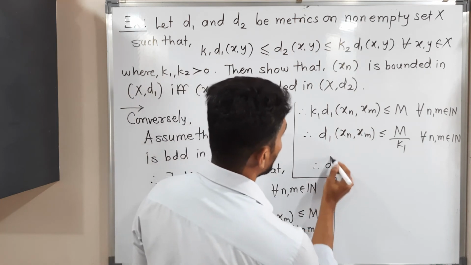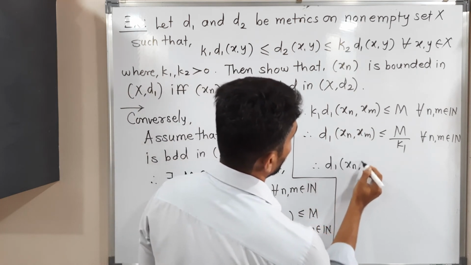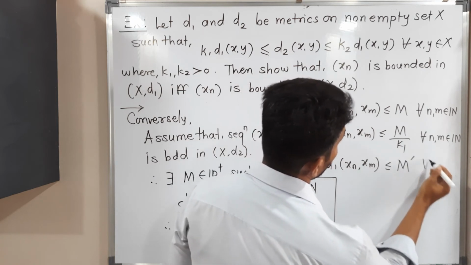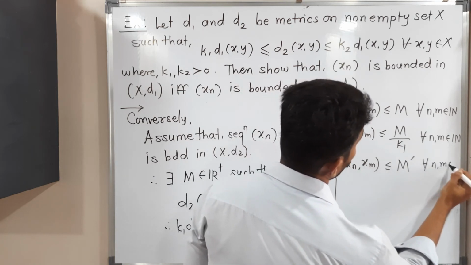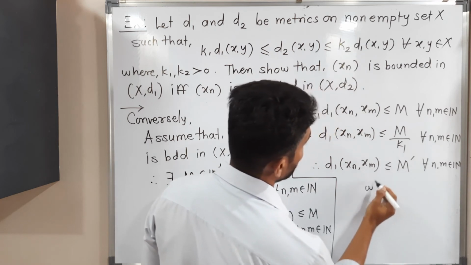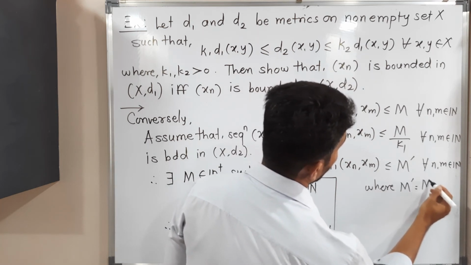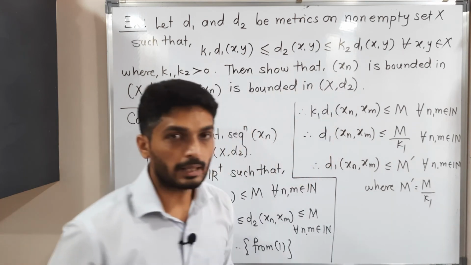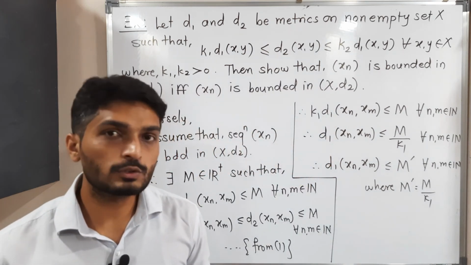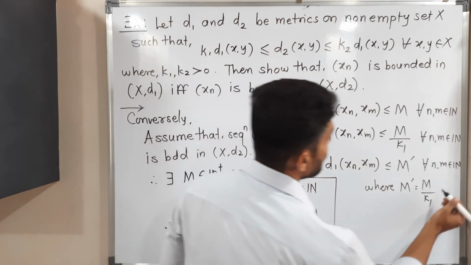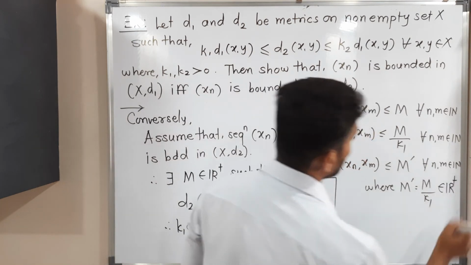So therefore, d1 of xn, xm is less than or equal to m dash for all n, m belongs to the set of natural numbers, where m dash is equal to m upon k1. See, m is a positive real number, k1 is also a positive real number, so their ratio is also a positive real number, so it belongs to R plus.